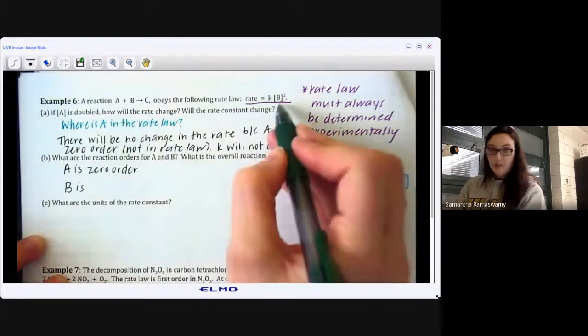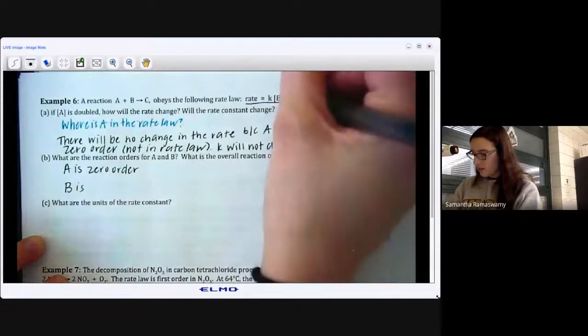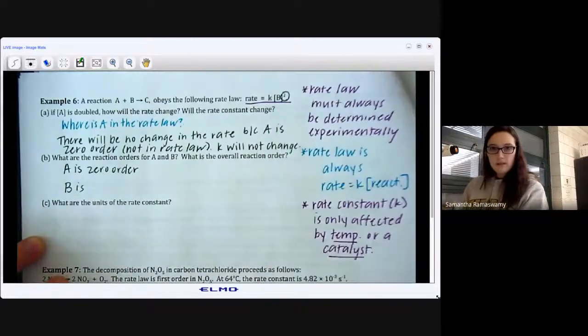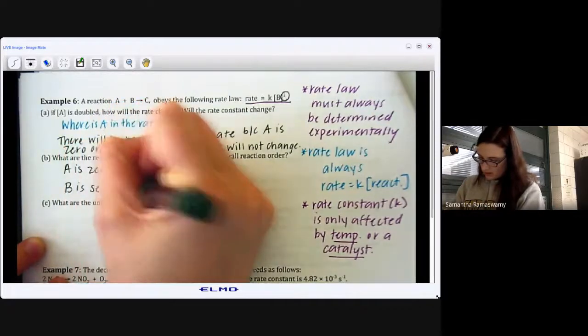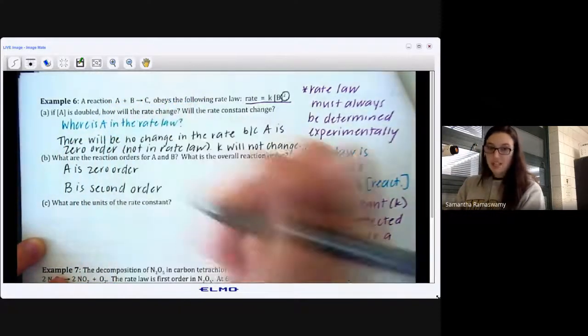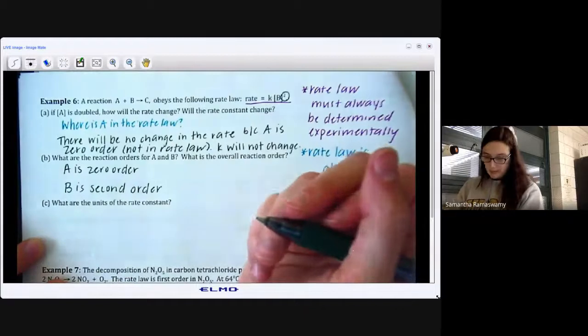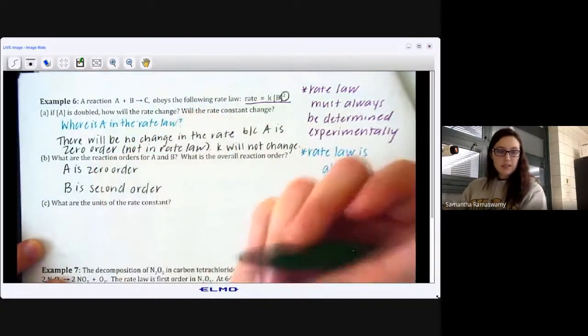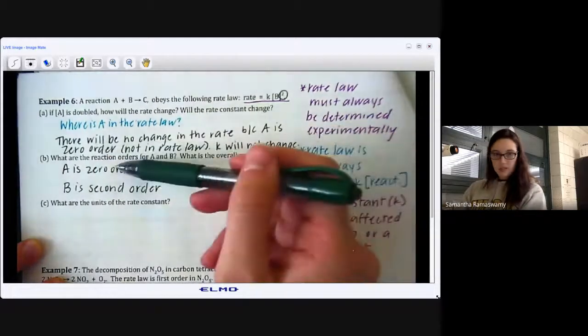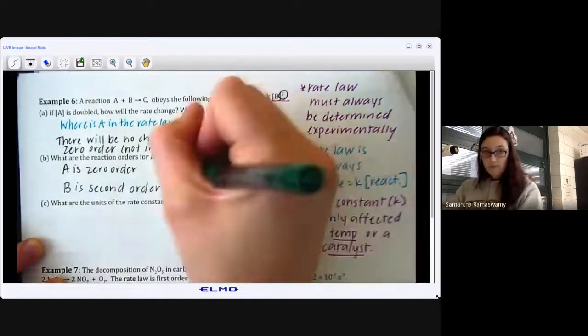Then for B, B is in the rate law. So look at its exponent. Its exponent is a 2. So B is second order, or the reaction is second order in B. So overall, add up these exponents. Add up these two numbers. 0 plus 2 is 2.